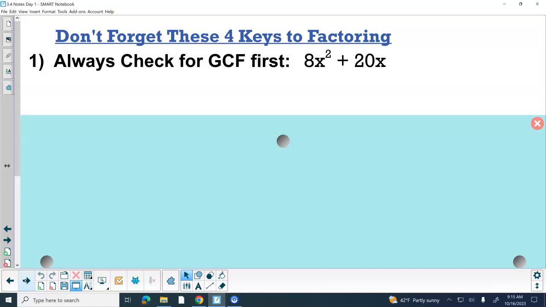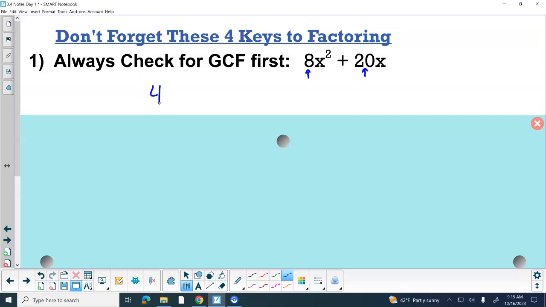So if I'm looking at 8x squared plus 20x, the first thing I would do is look at the numbers and ask myself, what is the biggest number that goes into 8 and 20? 4 is the biggest number. So the number part of the GCF would be 4.